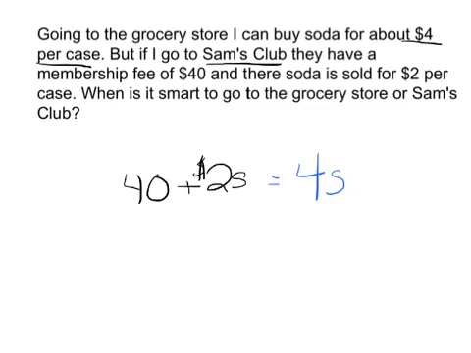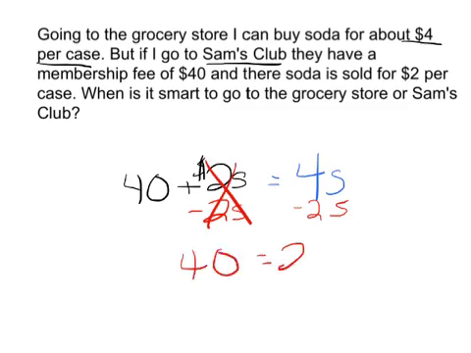Now, this is a two-step equation. I'll do this all in red. We can combine like terms, so we're going to subtract 2S from both sides, which cancels that out. Now we get 40 equals 2S.